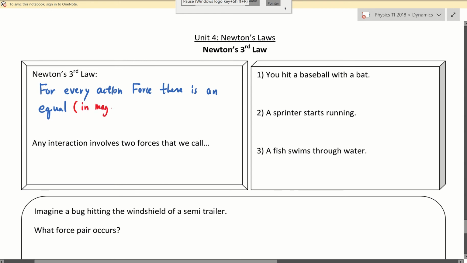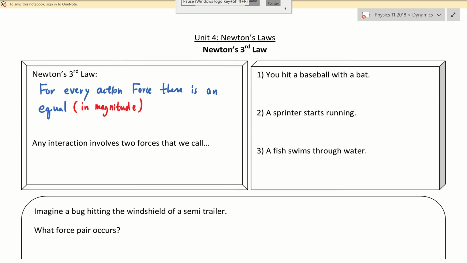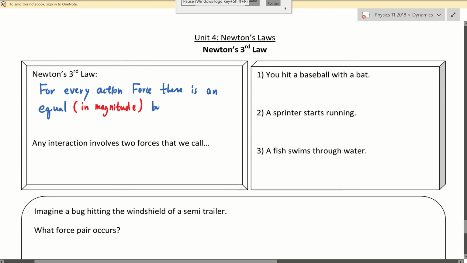It's equal in magnitude, but opposite in direction. So equal but opposite. The opposite part is in direction.